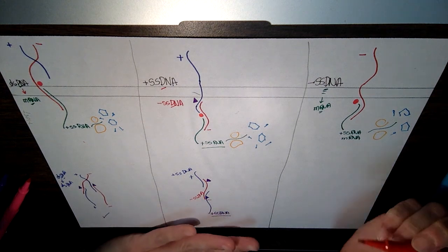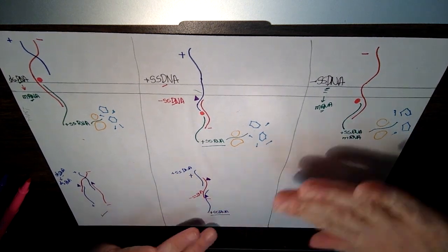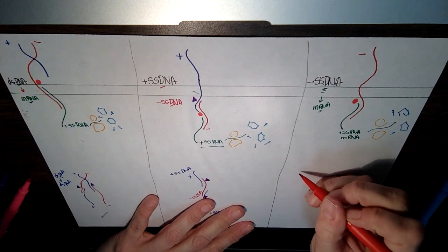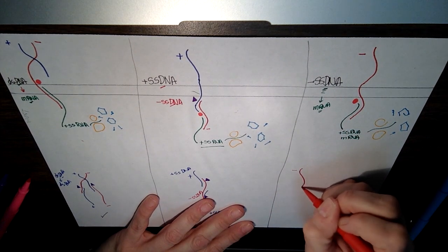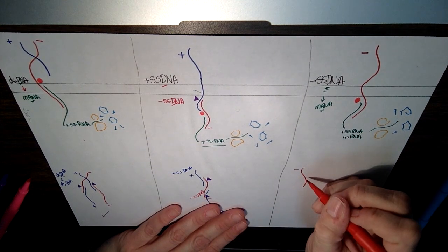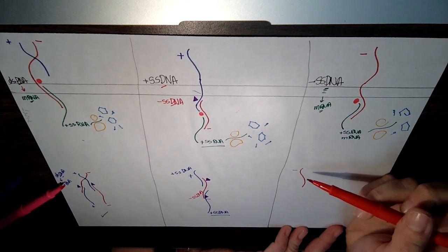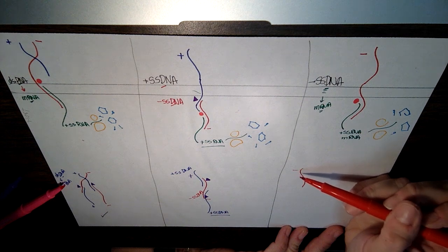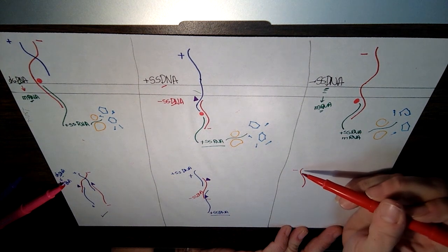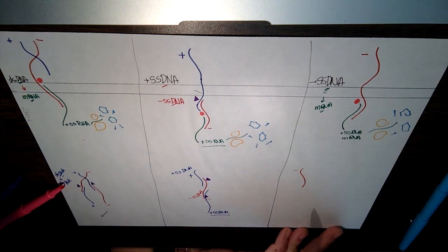Now, we want to package the original genetic material. So our original genetic material is the negative DNA strand. We need to make more negative, but can we make a copy of the negative with the negative strand? No. There's another step in there because negative strands can only make positive strands.